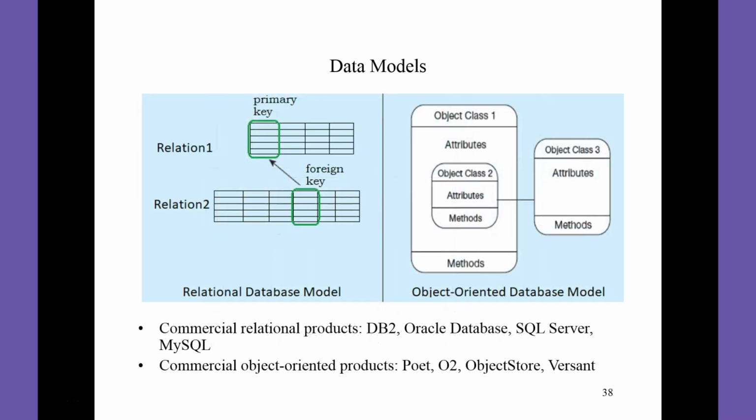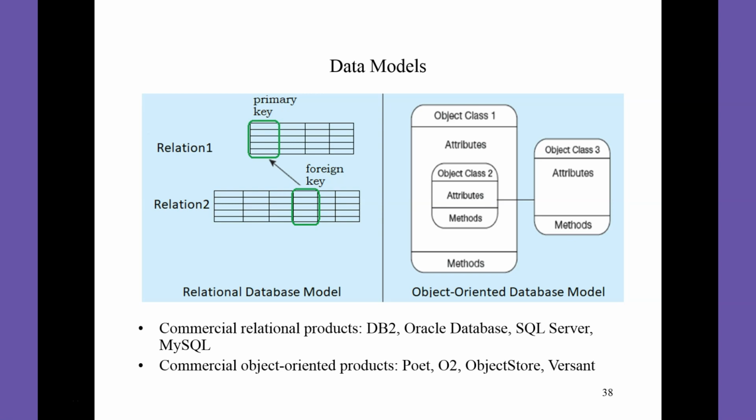For a relational database, there are many commercial products available. We've mentioned the ones that we list here: DB2 from IBM, Oracle database from Oracle Corporation, SQL Server from Microsoft, and MySQL, also from Oracle Corporation. For object-oriented, there have been a number of products that have come and gone as people were testing the waters.